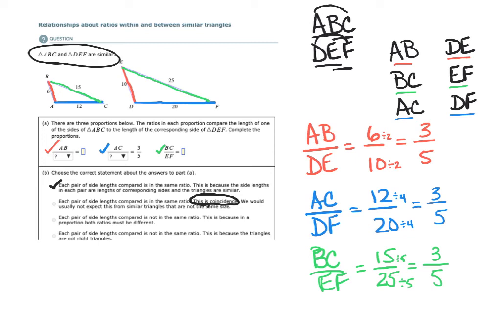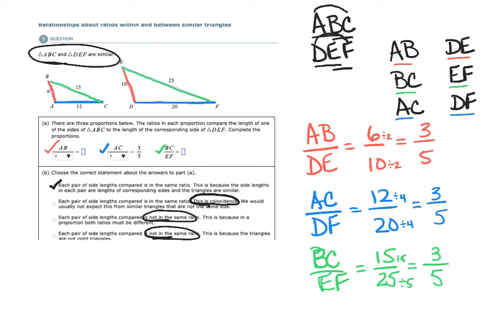In the third possible answer, each pair of side lengths compared is not in the same ratio. And we proved that they all are in the same ratio of 3 to 5, so that one cannot be correct. And finally, the fourth possible answer, each pair of side lengths compared is not in the same ratio. And again, we know that that's not true.